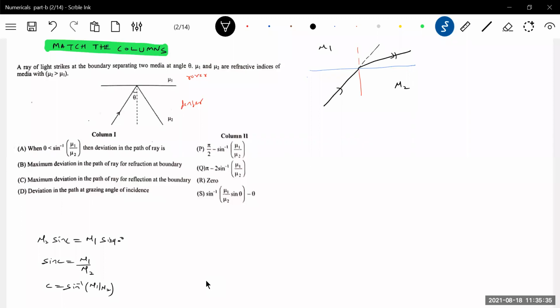It wanted to go straight, it got deviated here. Now it's asking what the deviation will be. This is the angle of incidence, and this is the angle of refraction. So deviation equals I minus R.